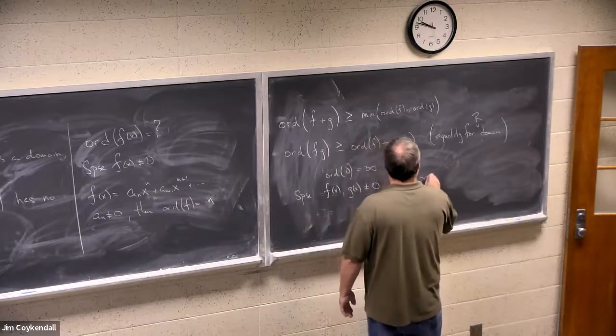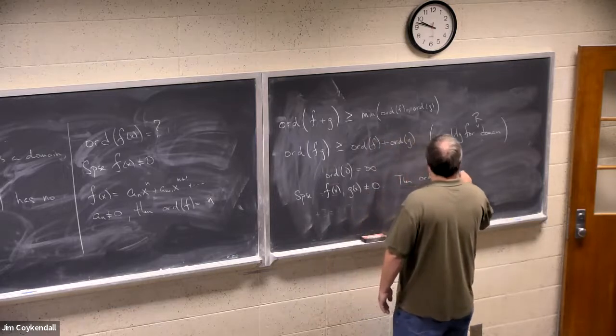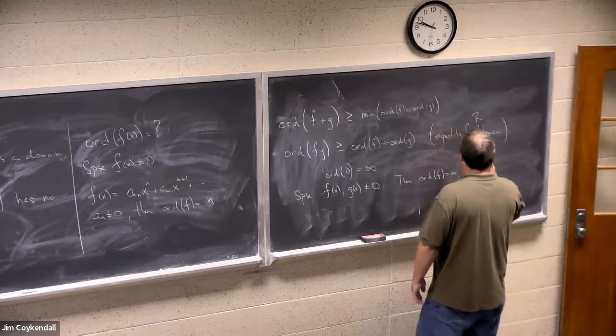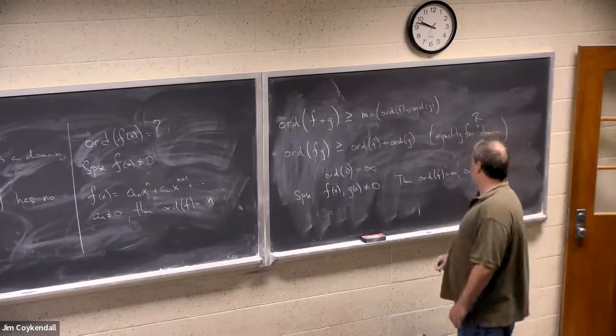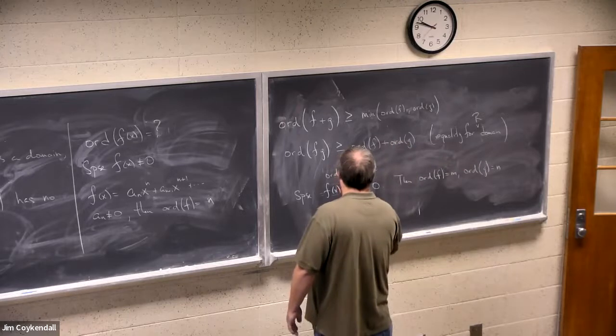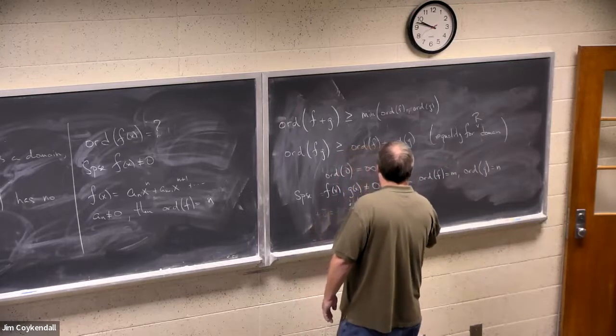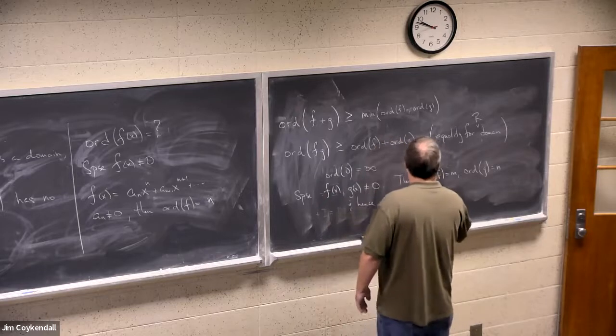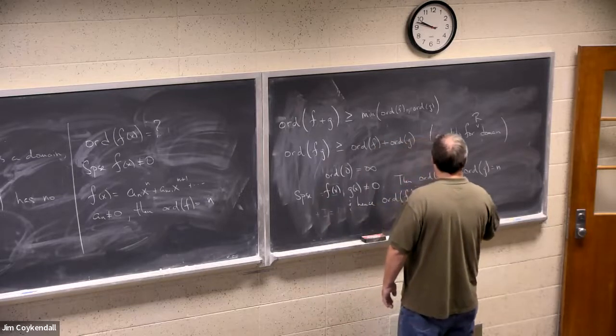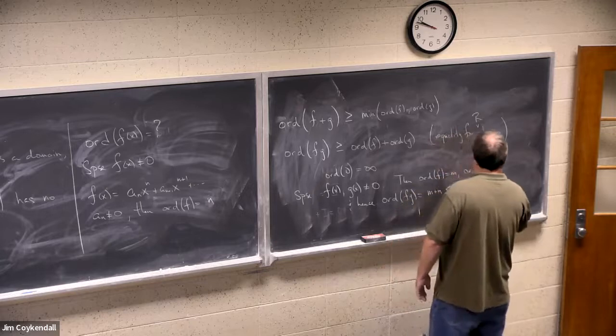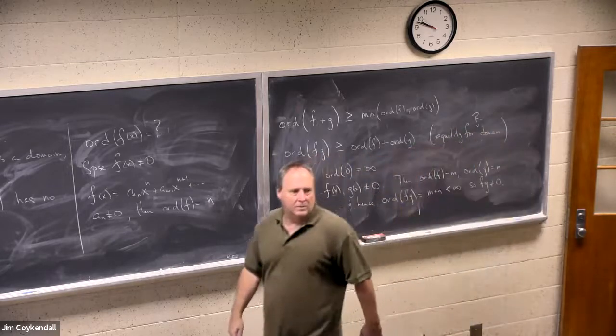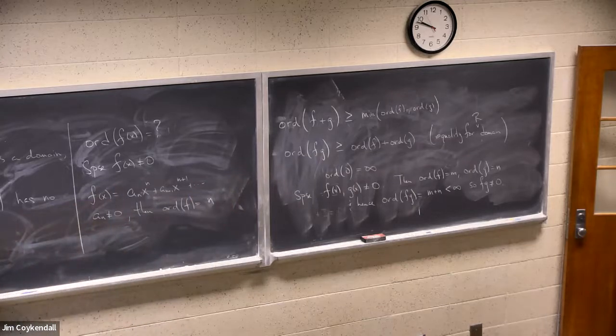Then ord f equals m and ord g equals n, and hence ord fg equals m plus n, which is strictly less than infinity, so fg is not zero. There you go. So it's an integral domain, because it's got one, and the product of two non-zero elements of the power series ring is still non-zero.